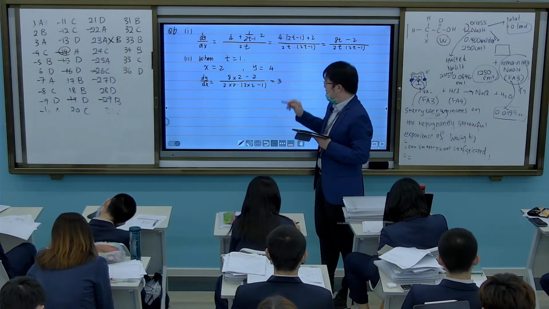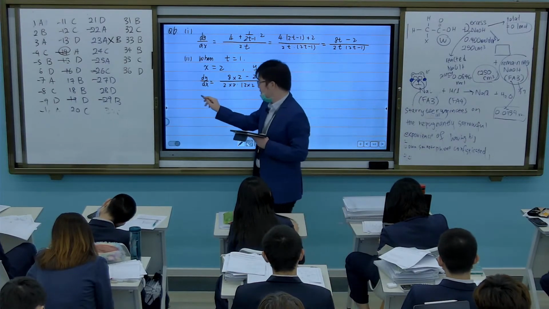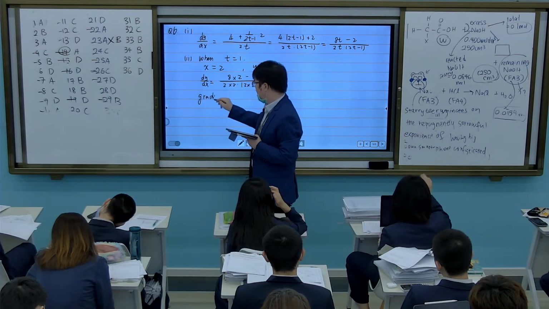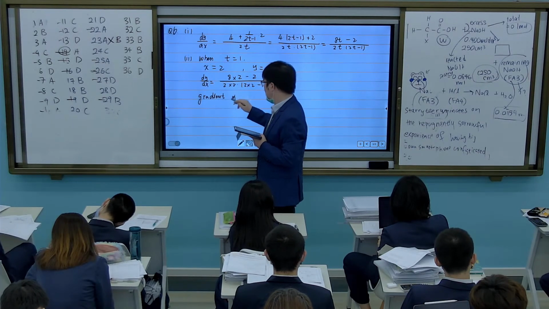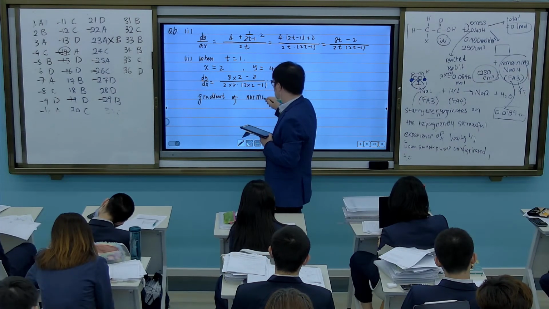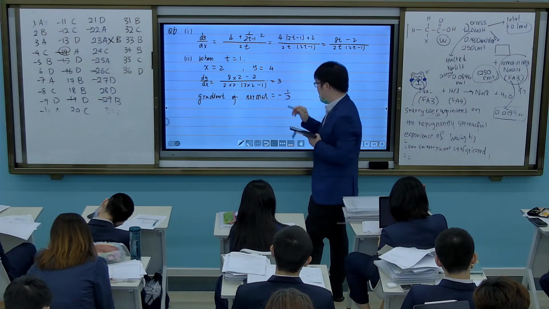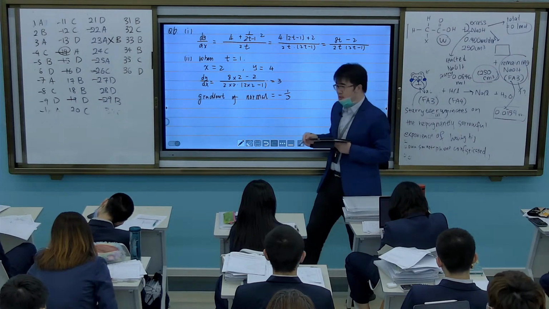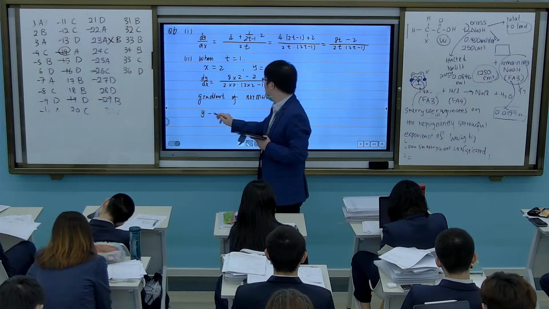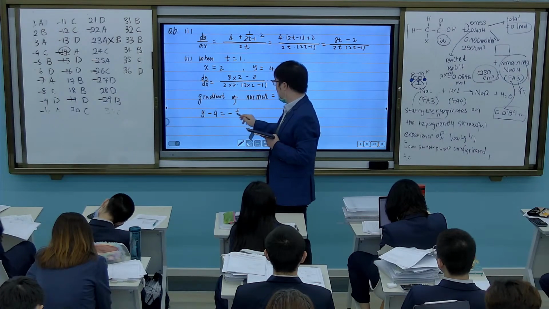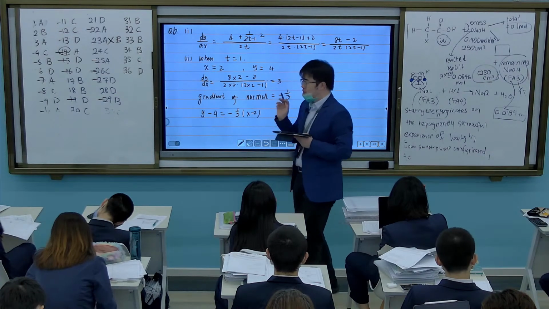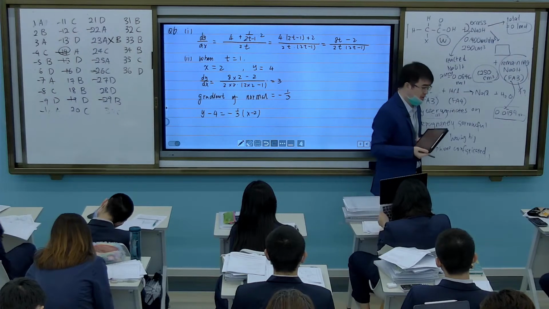Should be 3, right? So the gradient of the normal is, yes, negative 1 over 3, right? So the equation of the normal is y minus 4 equals negative 1 over 3 times (x minus 2). All right?